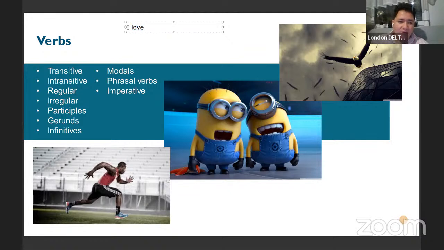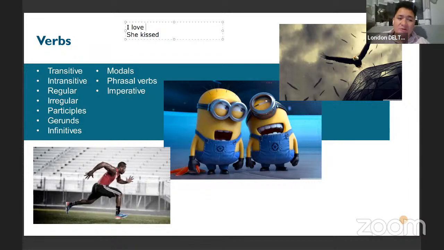Okay. She kissed. She kissed whom? She kissed what? You need to say who she kissed or what she kissed. So kiss is another transitive verb. These verbs cannot go alone.